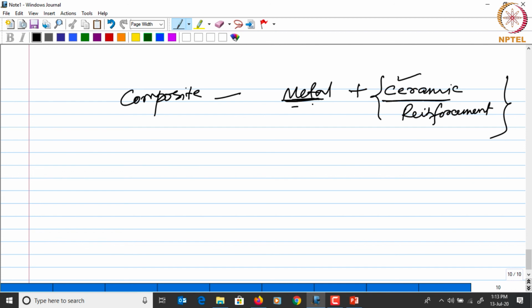And only when a proper bonding is achieved between the metal and the ceramic particles, you can get a composite which is free of defects and also will have better properties compared to the individual materials.